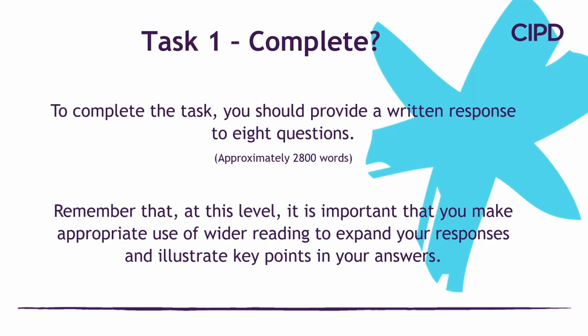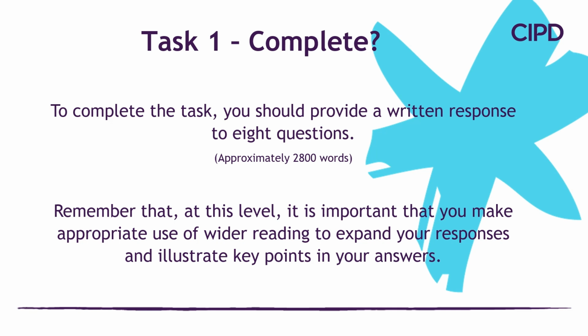When you have finished your response to question 8, it's likely that you have now completed task 1. So to be sure of that, just refer back to the instructions that to complete the task, you should provide a written response to 8 questions. So make sure that you have responded to all 8 questions and that you have done that in approximately 2,800 words, give or take that 10%.